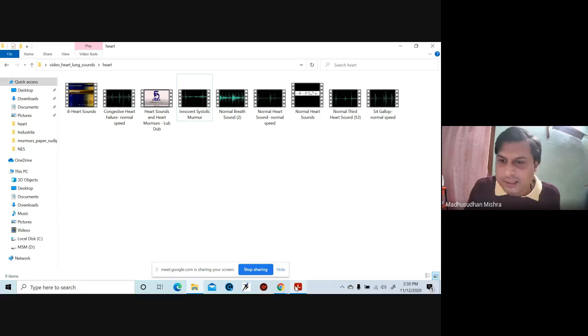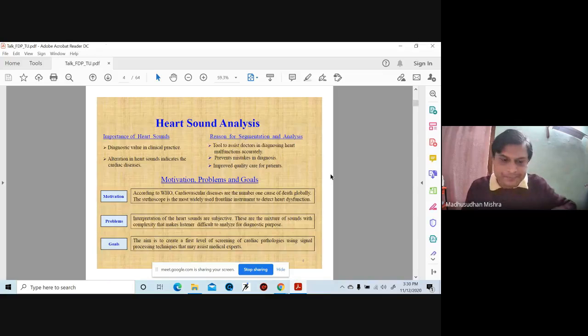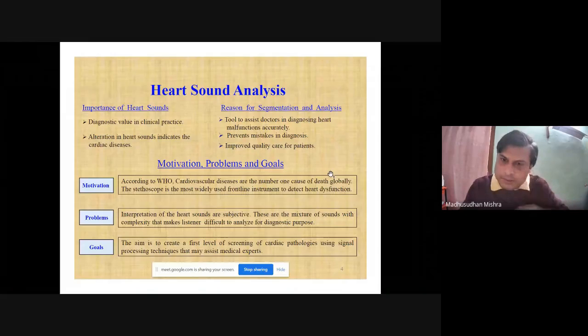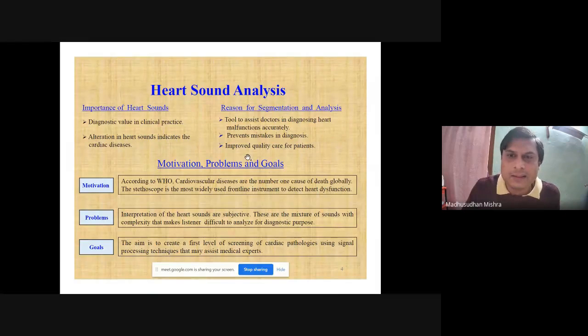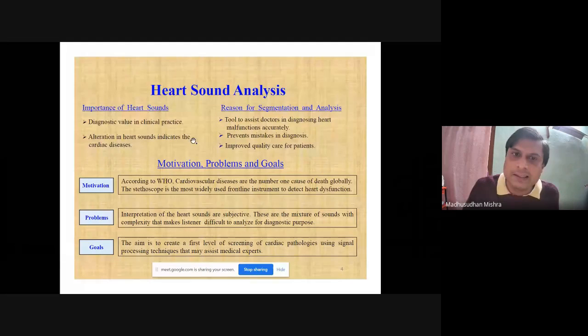So again, let me come back to my presentation. Now the question is why we go for heart sound analysis. These heart sounds, or the phonocardiogram signal, contain vital information regarding the condition of the health.